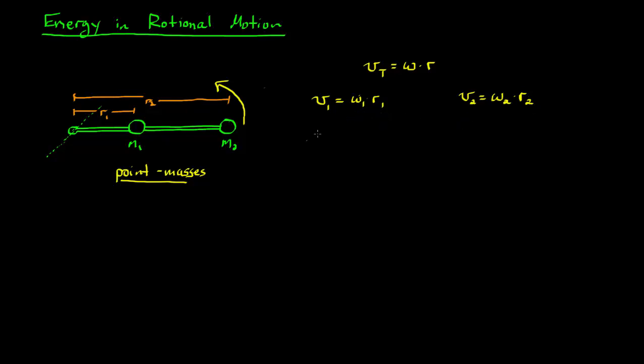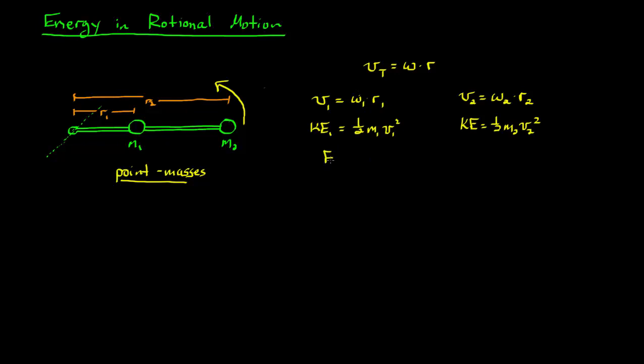So for kinetic energy, remember that kinetic energy, say of 1, is going to be 1/2 m1 v1 squared. Likewise over here, kinetic energy 1/2 m2 v2 squared. And now we can substitute. So we can substitute this quantity in there.